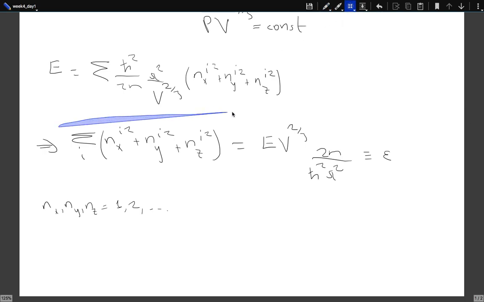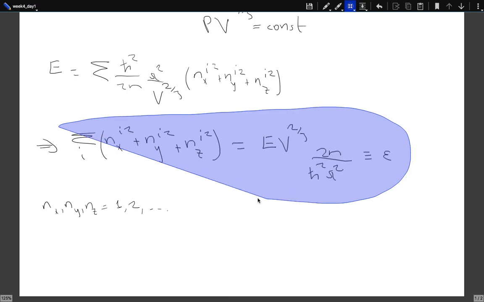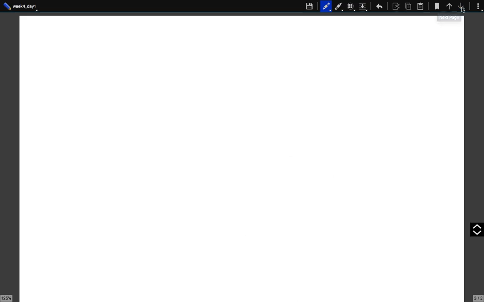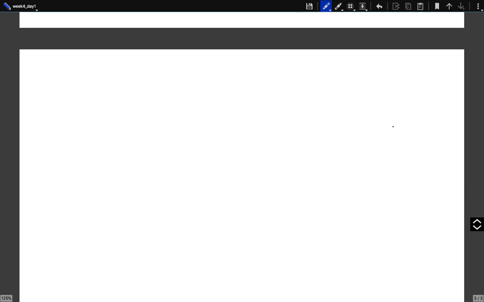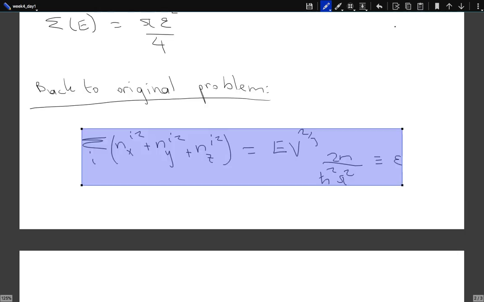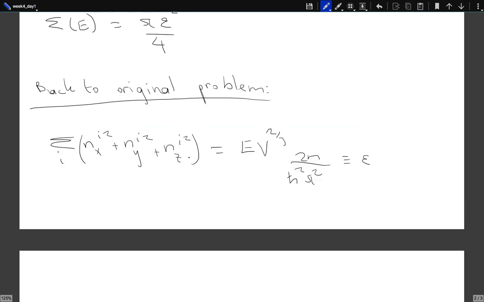So this is our constraint. We are trying to find the number of sets of integers that satisfy this relation. So this is 3n-dimensional.